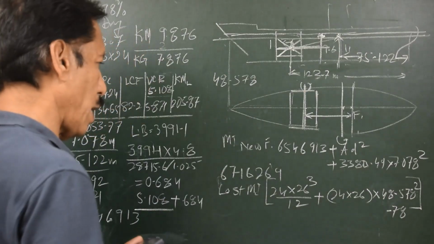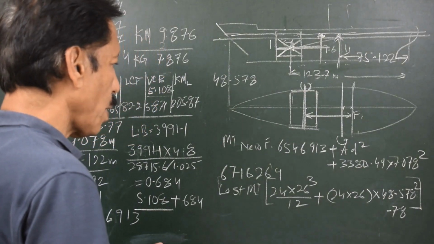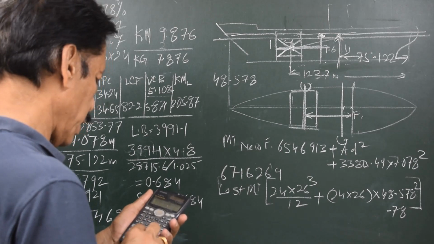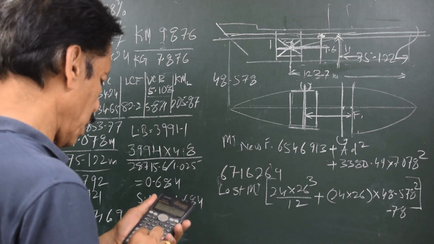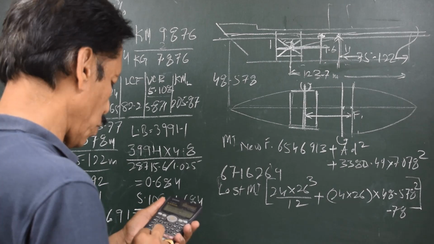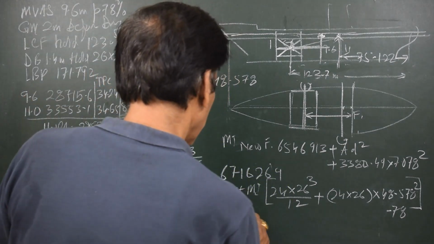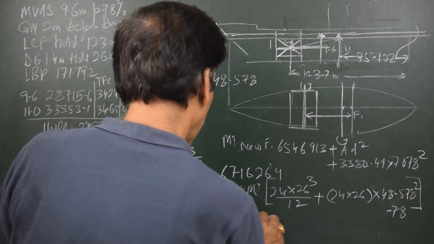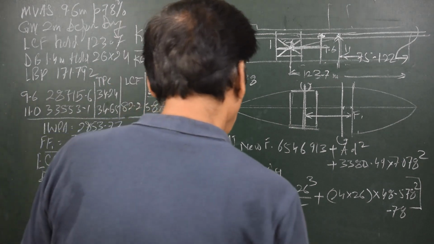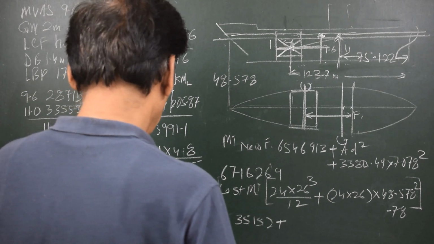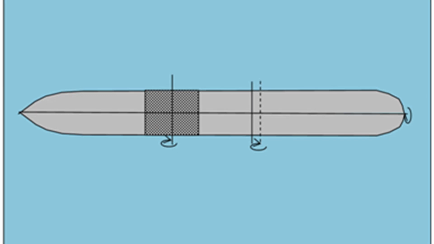So let's do this calculation. 24 into 26 into 26 into 26 divided by 12 gives me 35152, plus the AD square term, multiplied by 0.78.